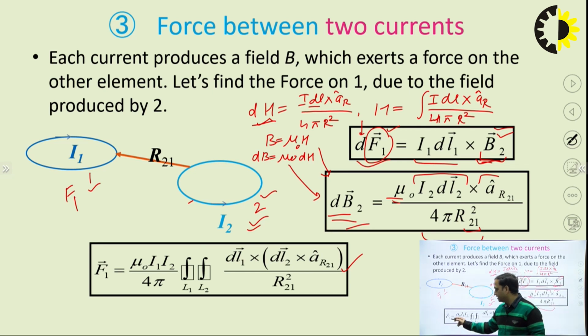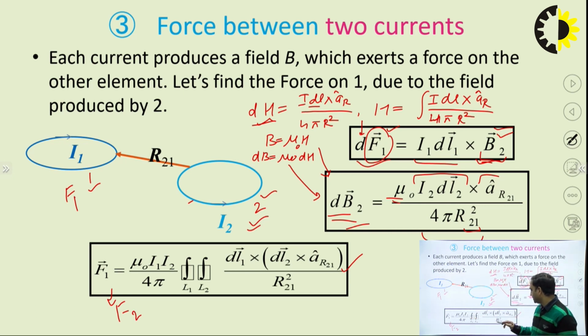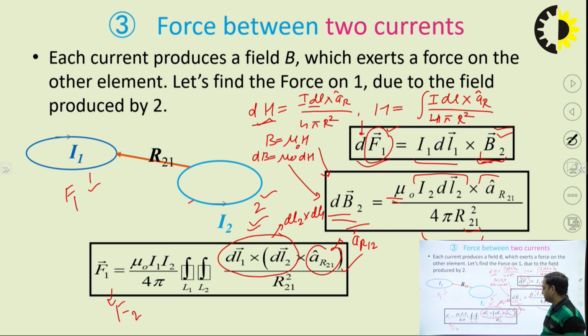It will become F2, and this one will be the same. The only change will be aR12, and here it will be dL2 cross dL1. The rest will be the same everywhere, but these are the differences when we want to find F2.